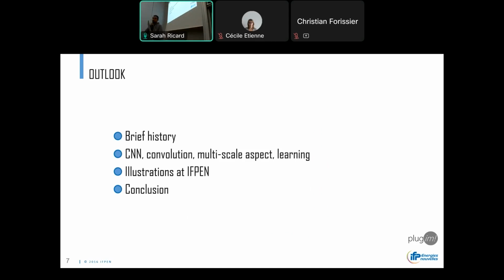I will focus on the convolution operation, because we will see that it's very important to use this operation in particular, and why. We will also see the multi-scale aspect of the convolutional neural network, which is very important and very similar to human vision. And we will see how we can learn from data to optimize these operators.